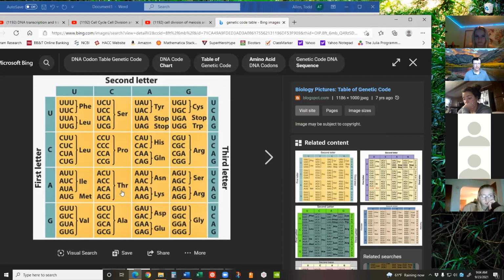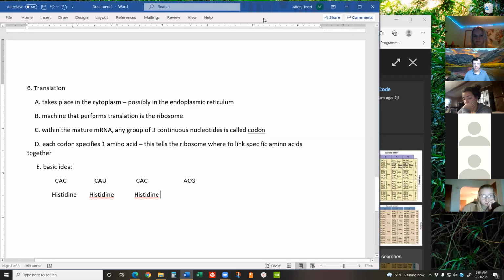ACG, that's threonine. THR, threonine. All right, so the ribosome would interpret the CAC, CAU, CAC, ACG in the mature messenger RNA, and it would link histidine, histidine, histidine, threonine, amino acids together, and specifically that sequence.